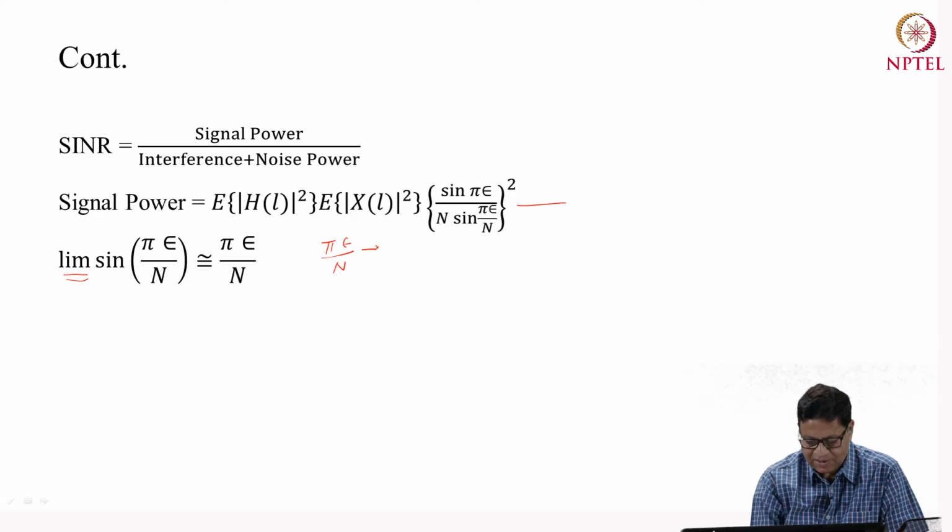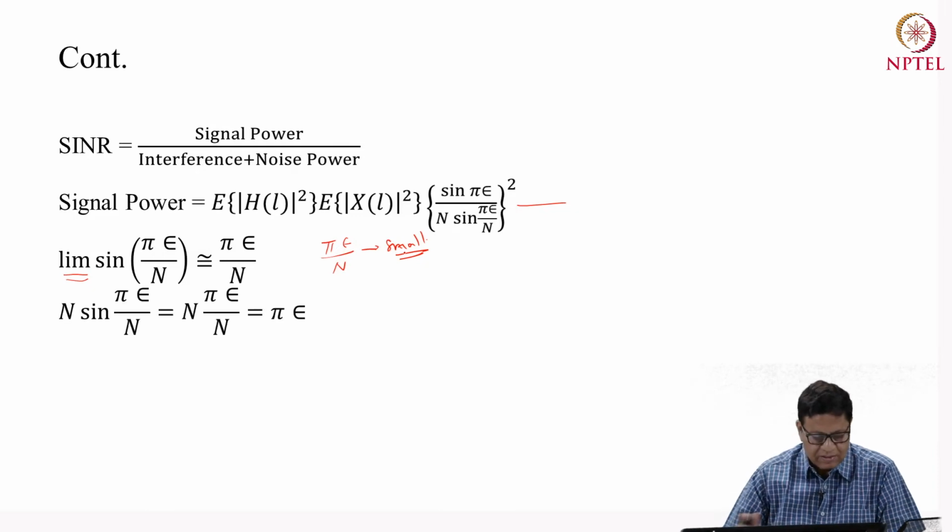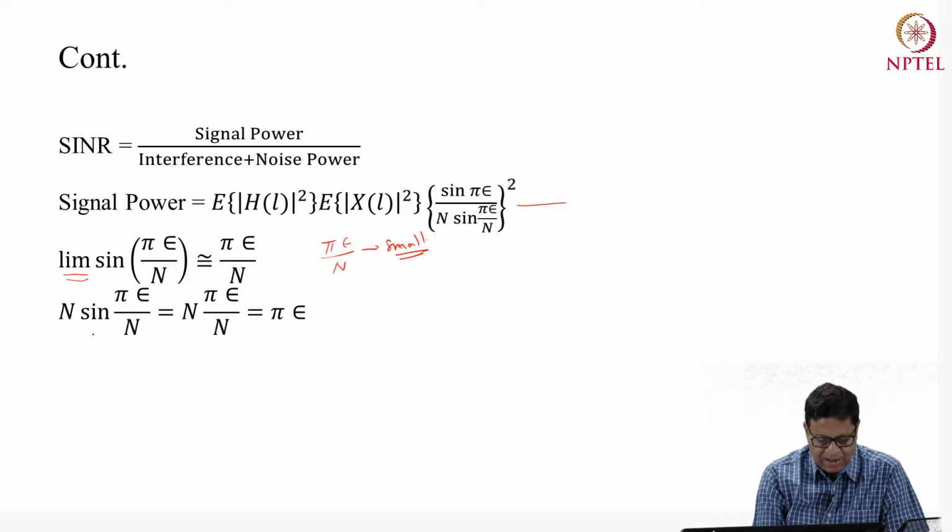So this identity is valid if pi epsilon by N is small. Multiplying by N on both sides, N sine of pi epsilon by N is nothing but equal to pi epsilon.